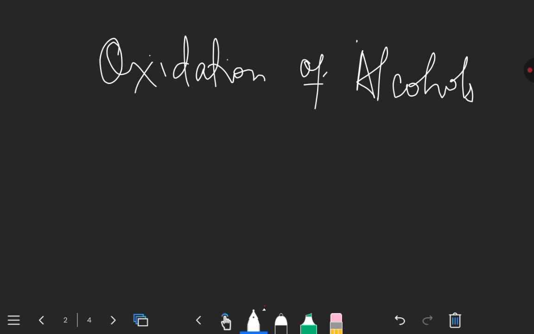Right, so let's try to understand the meaning of oxidation of alcohols.